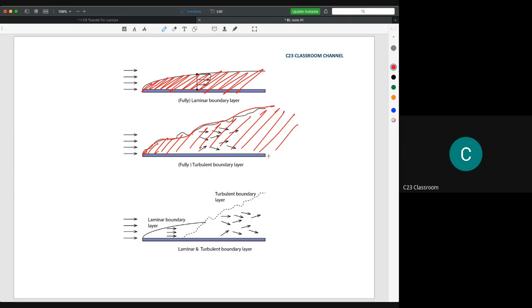In between, for example, if we have a flat plate where 50% is laminar and another 50% is turbulent boundary layer, then we need another idea to solve this problem.